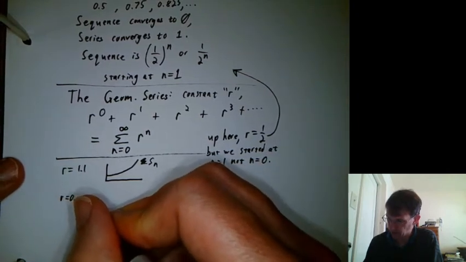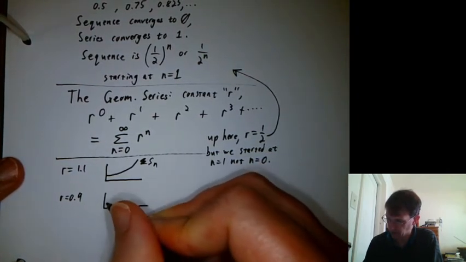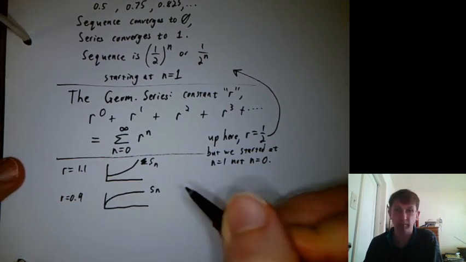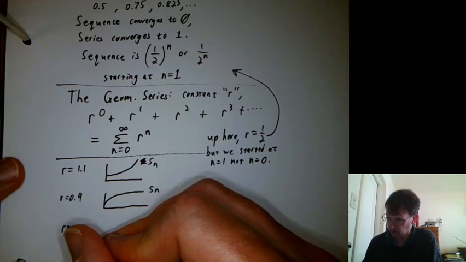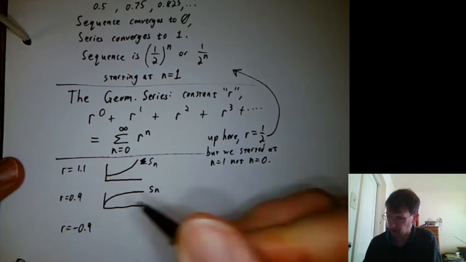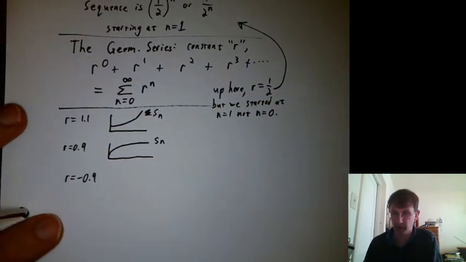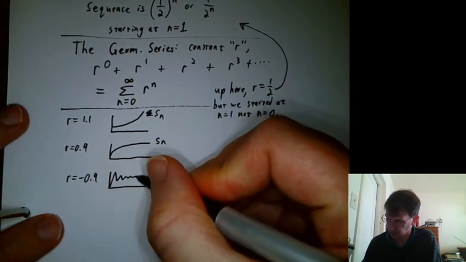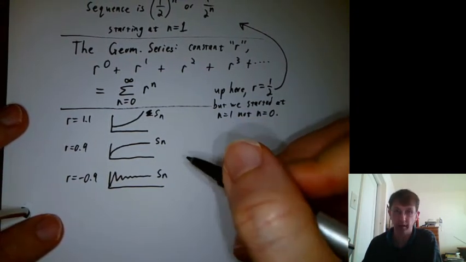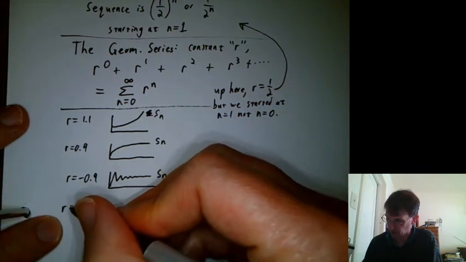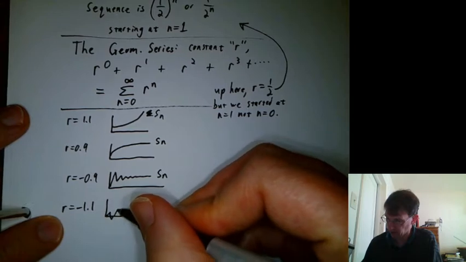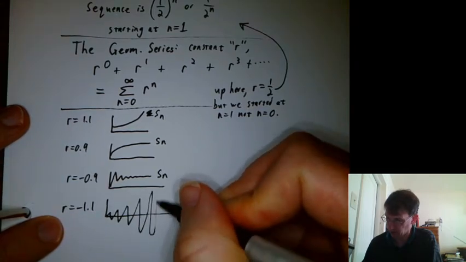At r equals 0.9, the partial sums grew but kind of leveled off. At r equals negative 0.9, the partial sums did this. And at r equals negative 1.1, the partial sums do that.